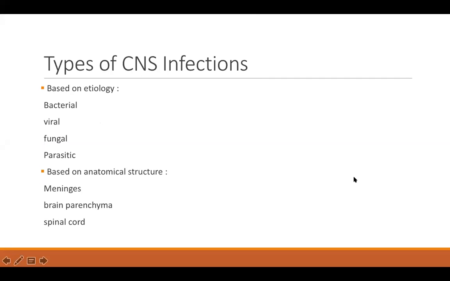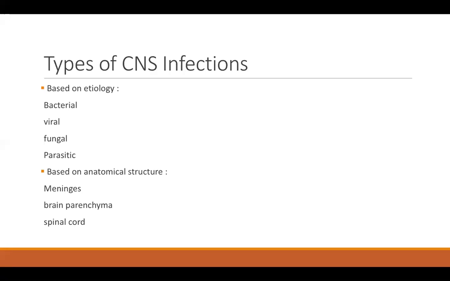Okay, so types of CNS infections. When talking about CNS infections, there's generally two ways in which you can classify them. You can classify them according to the etiology or the causative organism, or you can classify them based on the anatomical structure they're affecting. So when we're talking about the etiology, مثلا نقدر نقول bacterial CNS infections, viral CNS infections, fungal CNS infections, and parasitic CNS infections. Based on the anatomical structure, as you guys know, the central nervous system is composed of your brain and your spinal cord.